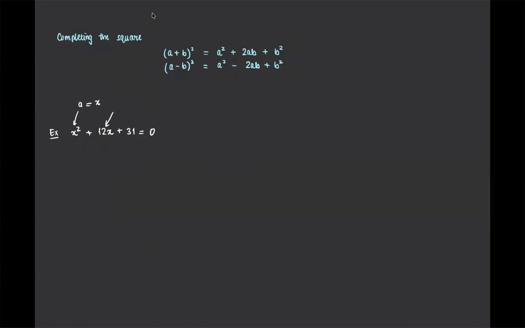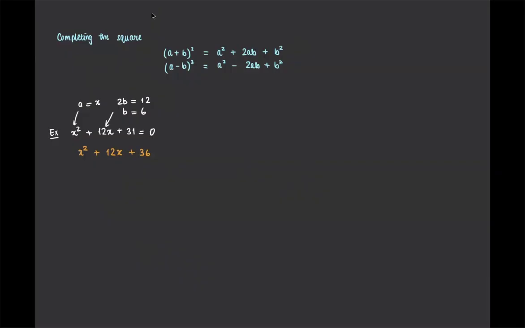I already know that a is x, which means that 2b must be equal to 12, or b must equal 6. And so assuming that it is a perfect square, I can write this as x squared plus 12x, which is my 2ab, plus b squared, or 6 squared, which is 36.